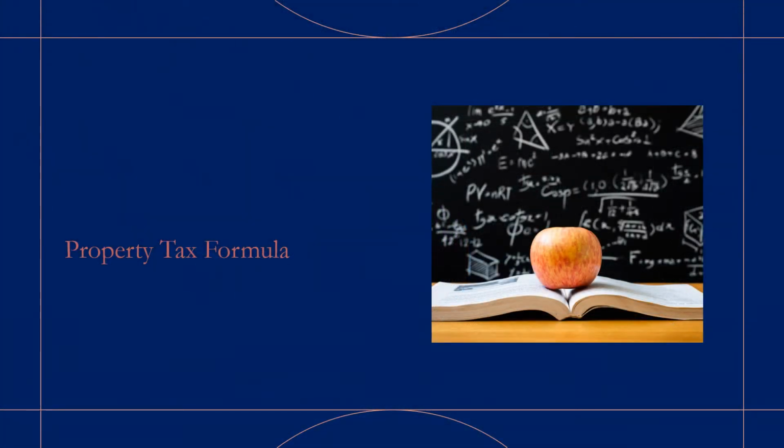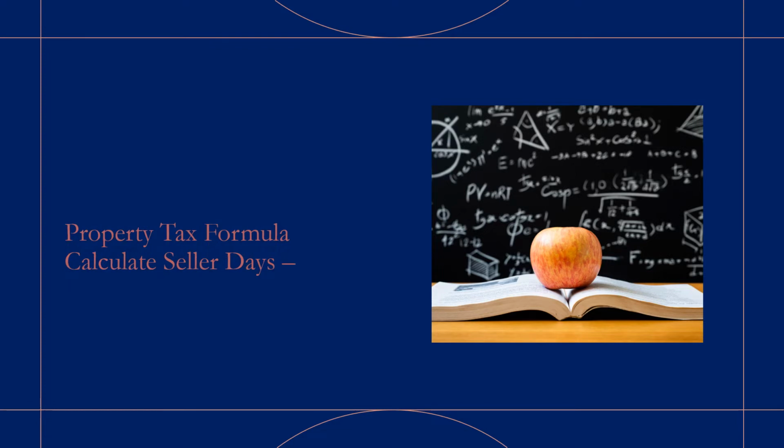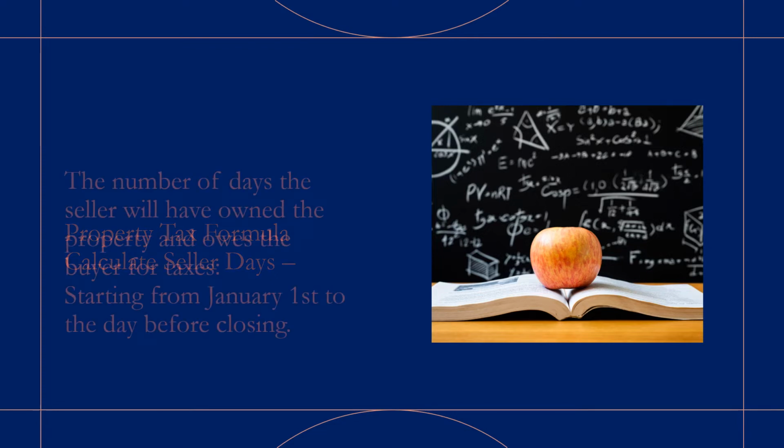Property tax formula. To work property tax formula problems, first you have to calculate seller days: the number of days that the seller will have owned the property and owes the buyer for taxes, starting from January 1st to the day before closing.